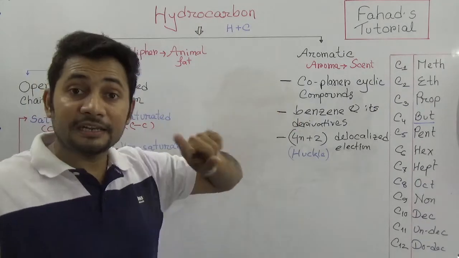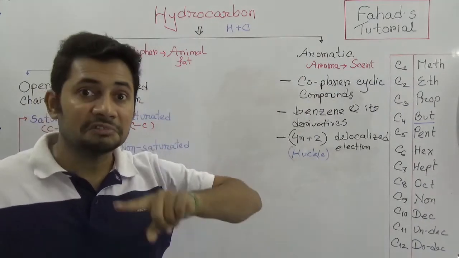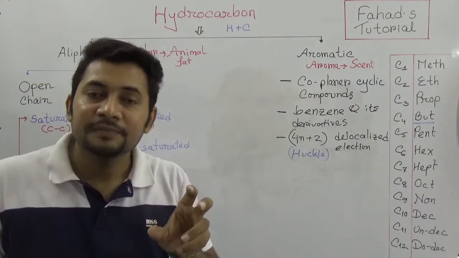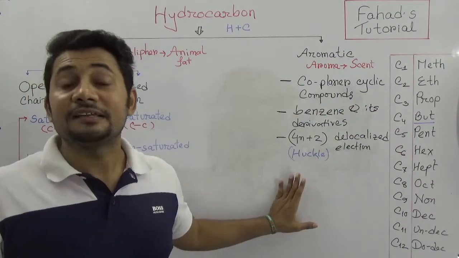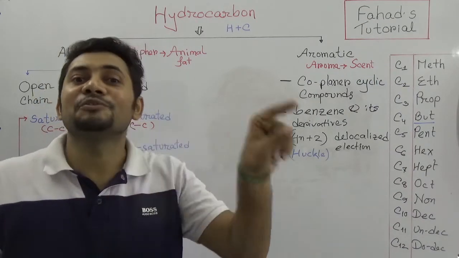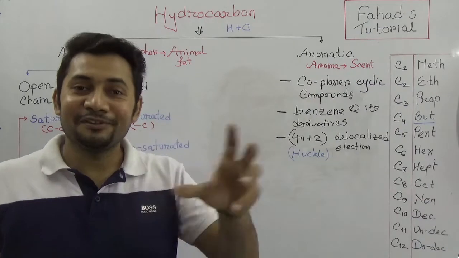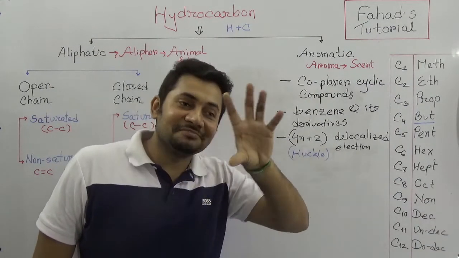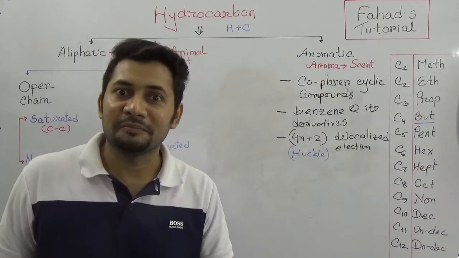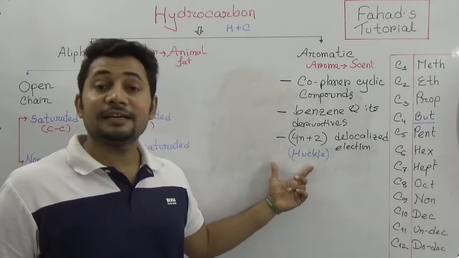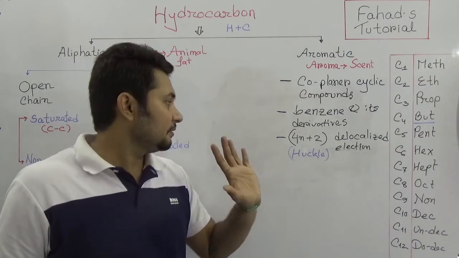That is, they are coplanar cyclic compounds, benzene or its derivatives, and lastly we can say there are 4n plus 2 delocalized electrons. What is 4n plus 2 and where it comes from requires individual classes. So the Huckel theory I shall explain in individual videos.